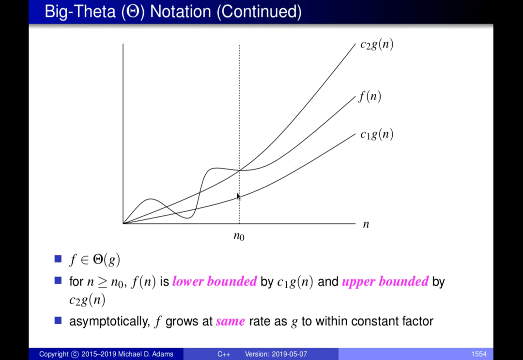So you can see that once we go past n0, in other words, for large values, again, it's asymptotic behavior, in this case values greater than n0, this function f is always above this lower bound here. So it's sandwiching the complexity of the algorithm between two graphs. This is very useful for establishing tight bounds on algorithms. It's tight in the sense that it's lower bounding and upper bounding the behavior of the function.